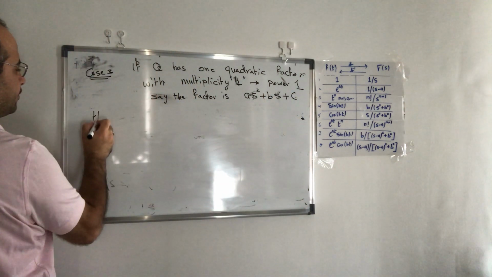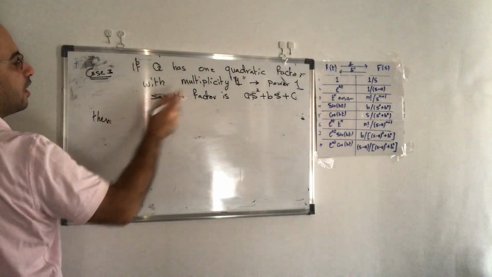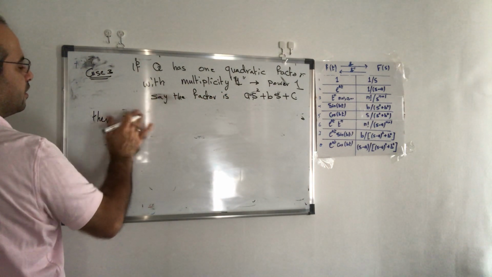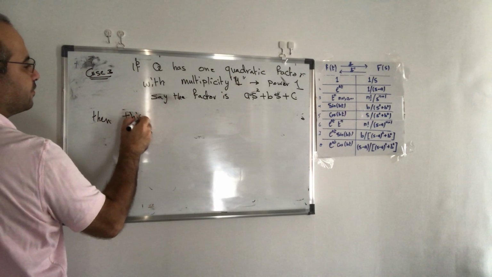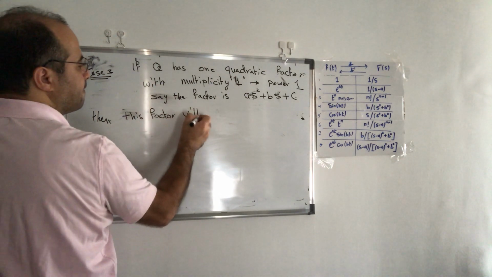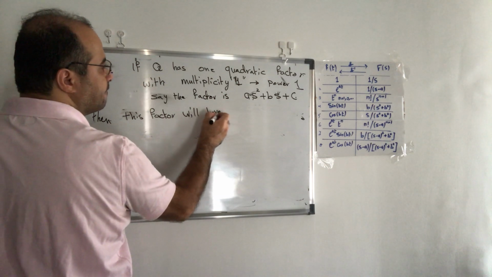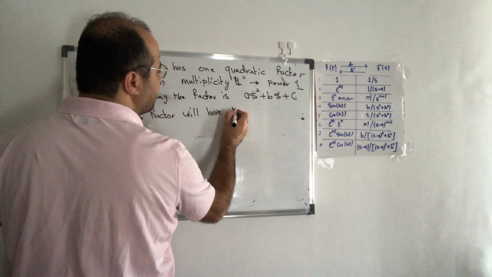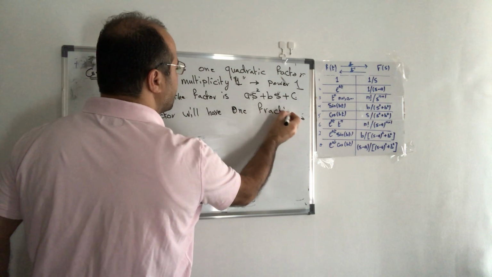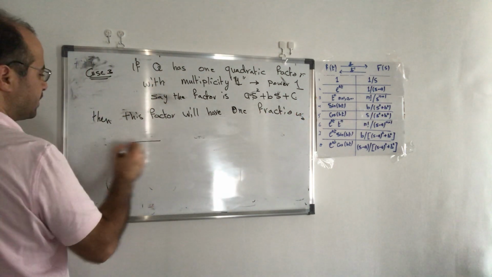Then this factor will have one fraction. What is that fraction? It is like the following.